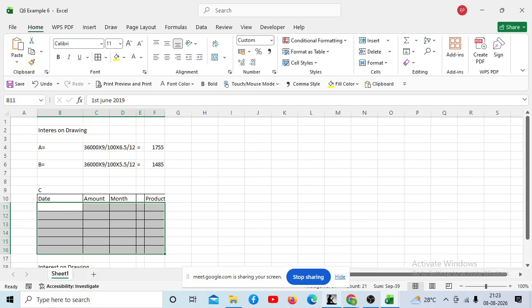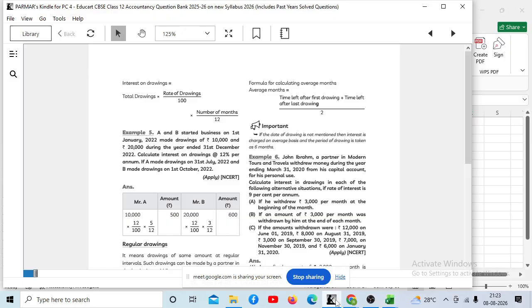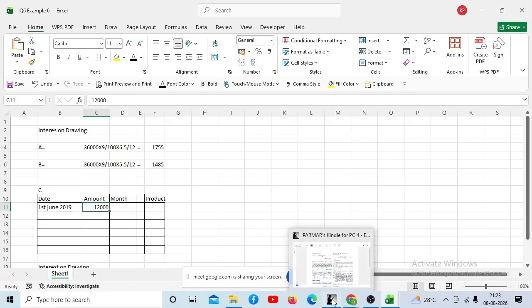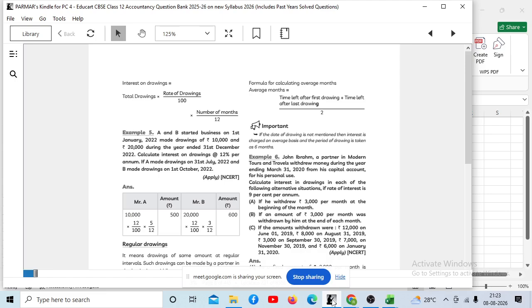Now we will see the first drawing, on which date. See, it is 12,000 rupees and it is on June 1. So we will first write that the date is June 1 and the amount is 12,000. Then 8,000 on August 31st.